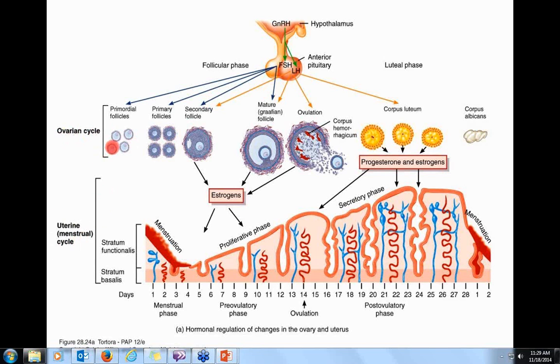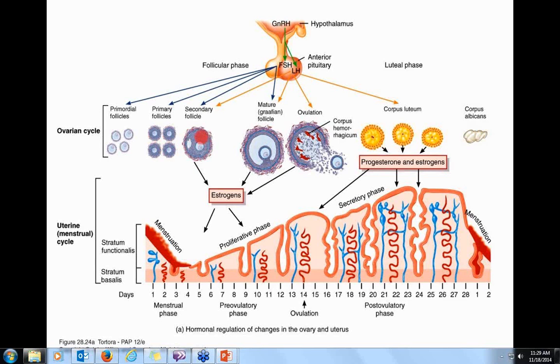So we're just going to look at the ovarian and uterine cycle. We can see as menstruation occurs, so during the period, if you will, the follicles are starting to develop in the ovary.